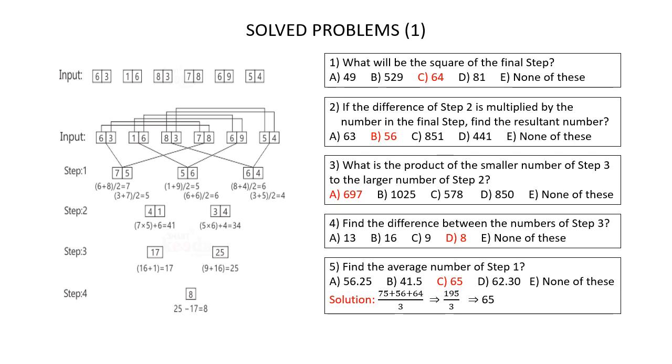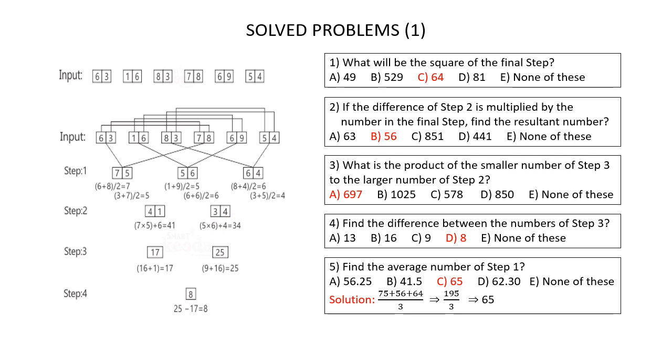So the first digits of the three numbers of step 1 are used to get the first number of step 2. Similarly, the second digit of the first number of step 1 is multiplied by the second digit of the second number of step 1, and the answer is added to the second digit of the third number of step 1 to get the second number of step 2.